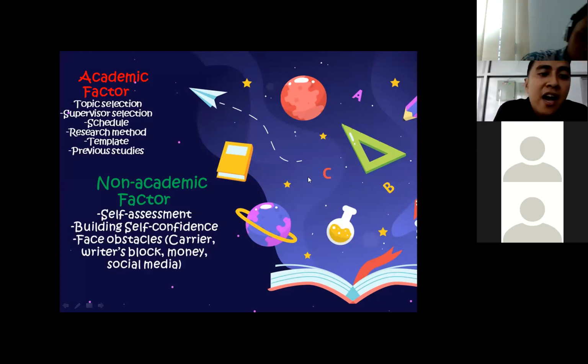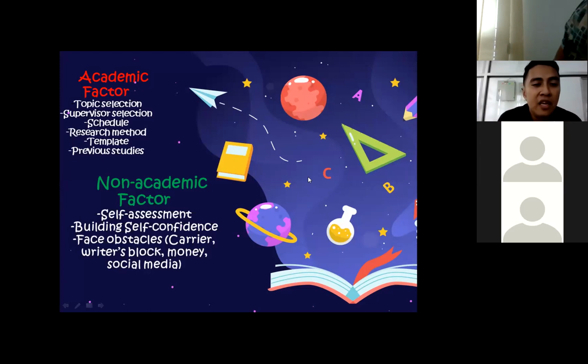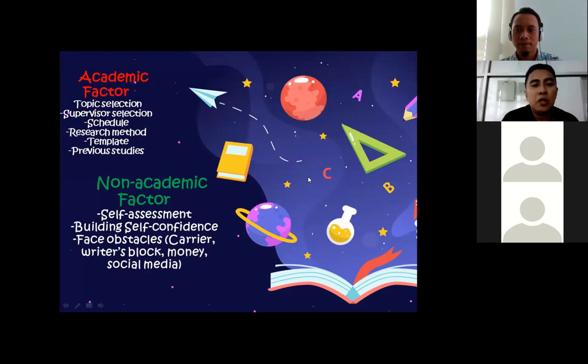You have to have a schedule for what you are going to do each week, where you write the introduction, the literature review, the research method, the findings and discussion, and the conclusion. And the research method is very important because it is like the procedures in doing your research. And you have to follow the template and, of course, the previous studies.